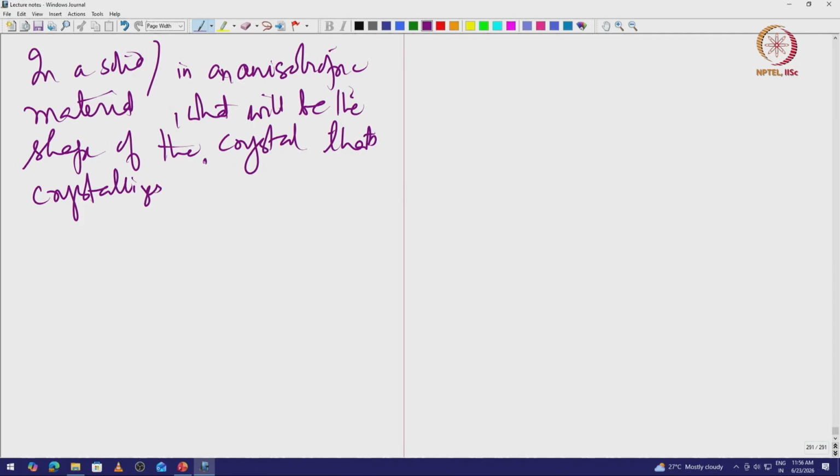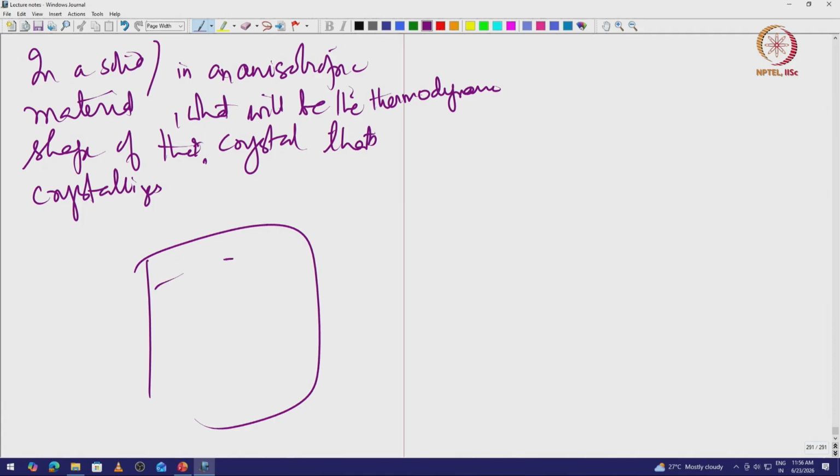What will be the thermodynamic shape? In some sense, I have a liquid of material and I am going to make the first crystal, so I am going to crystallize it.